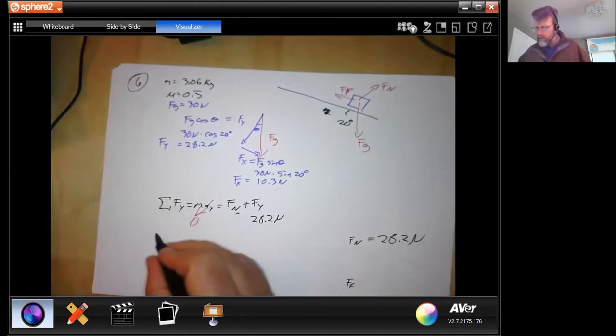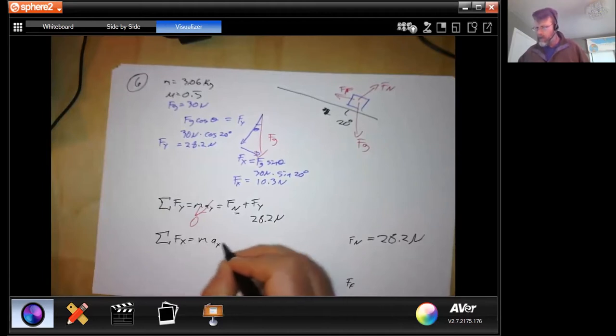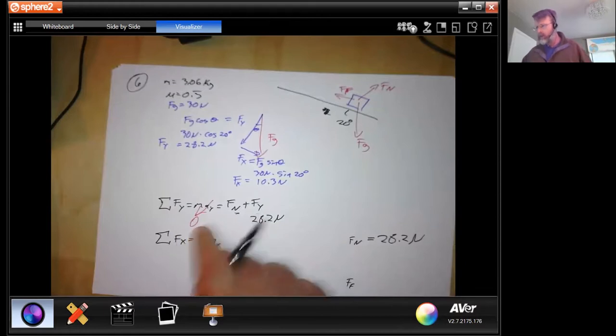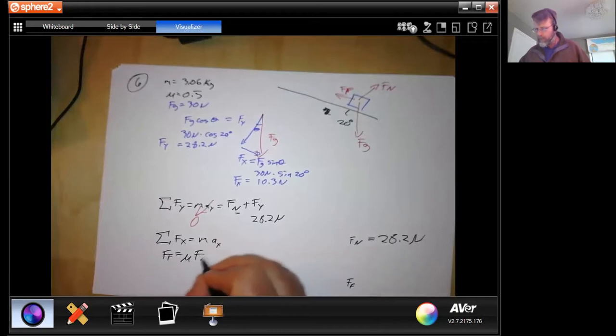All right, now the sum of my forces in the x. This is not 0. And in fact, nowhere in the question does it tell us what it is. So this may not be the best path forward. But we know force normal and we know coefficients. So we can take a different path for that.